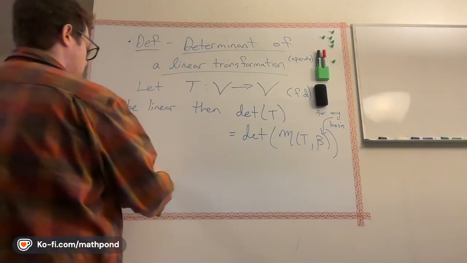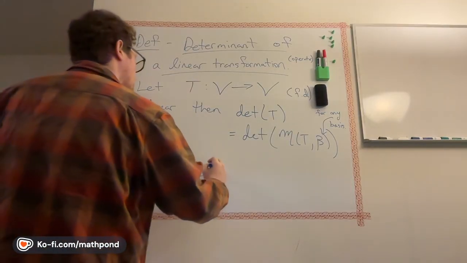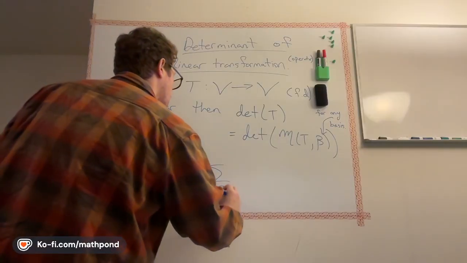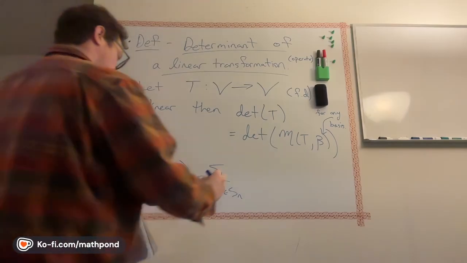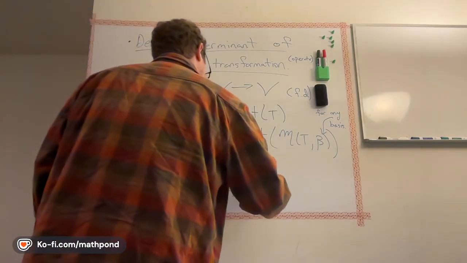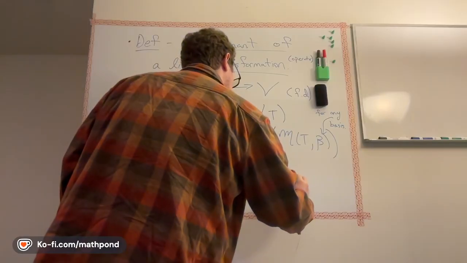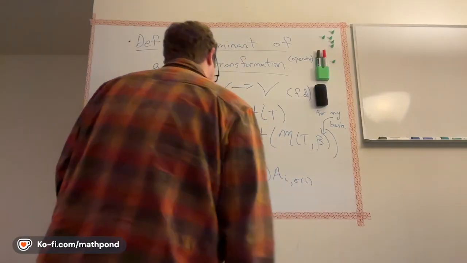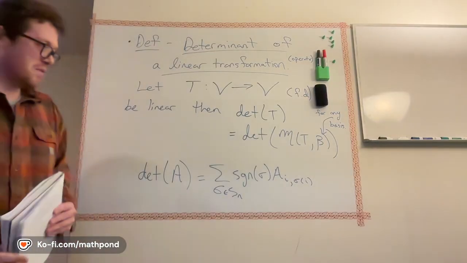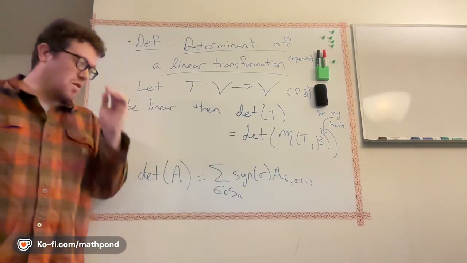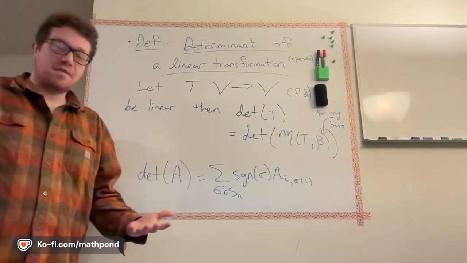And let's say what the determinant of a matrix is. Okay, it's got this really annoying definition, which hopefully I'll try to justify in a little bit based on the properties that the definition has.